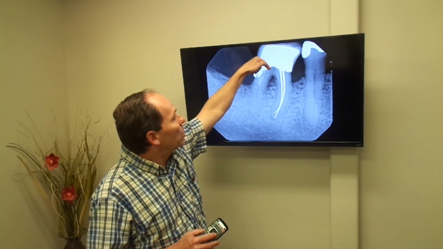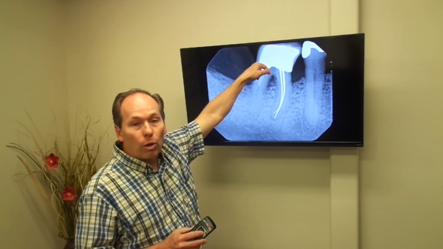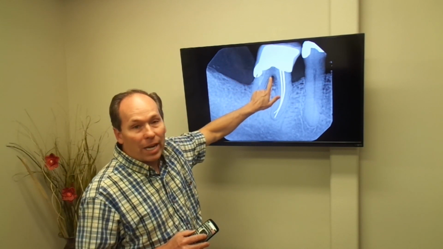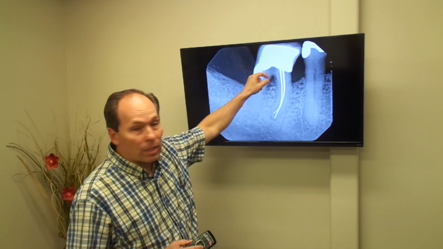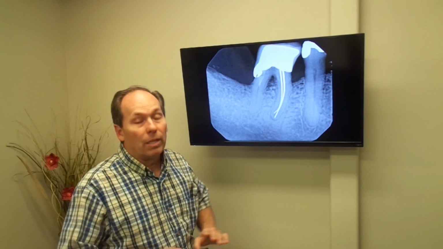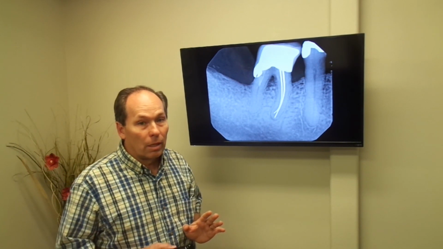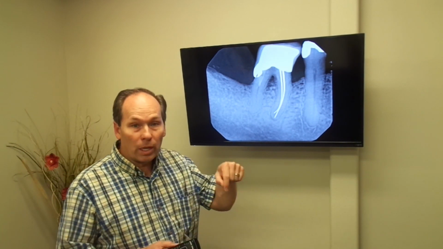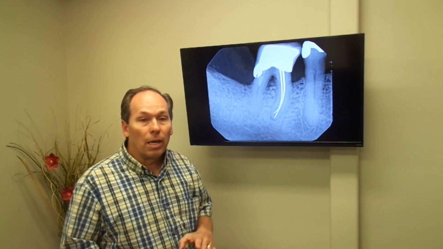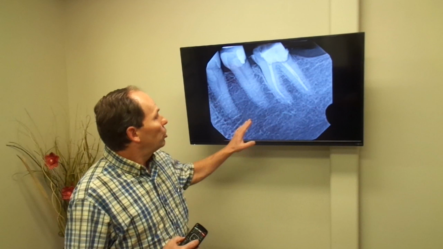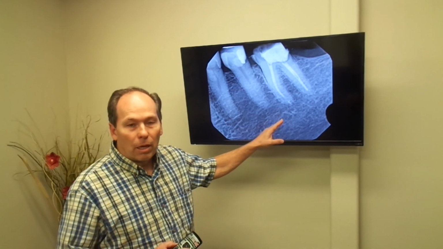But a perforation is when you come in and make a hole, so now there's a communication from the outside. Using the laser to address that is way more predictable, because we can go in, clean that out, put some patch material in there, and a lot of times it'll heal.